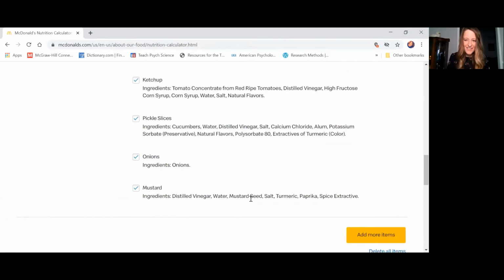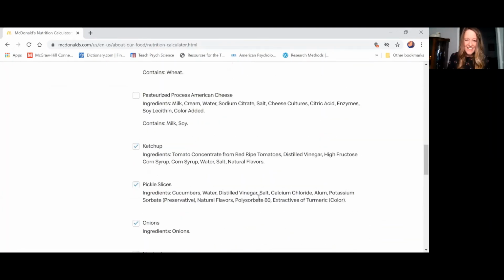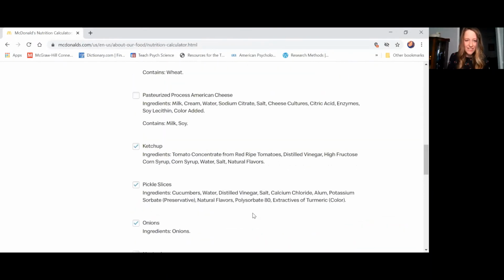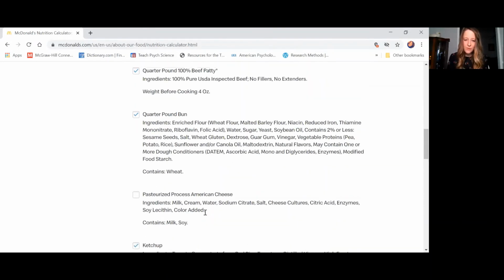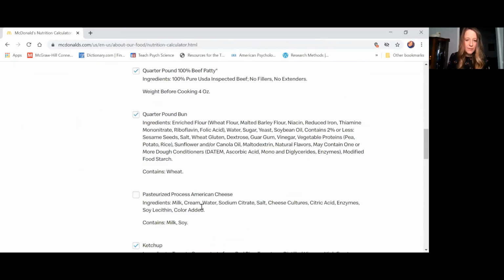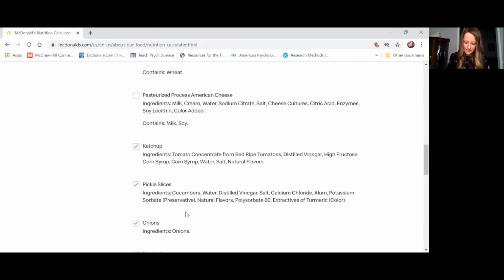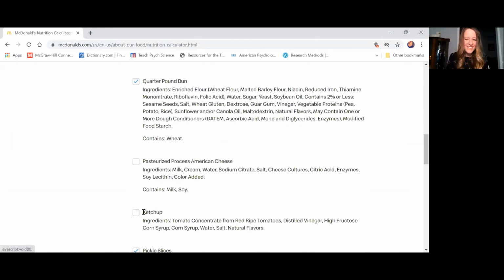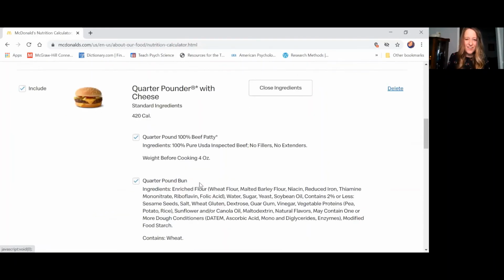There are not a lot of ingredients here. I don't really think that ketchup is going to have a lot of fat in it, but let's see, we were at 18 grams. What if I take off the ketchup? Oh, no, we don't change the grams of fat at all.